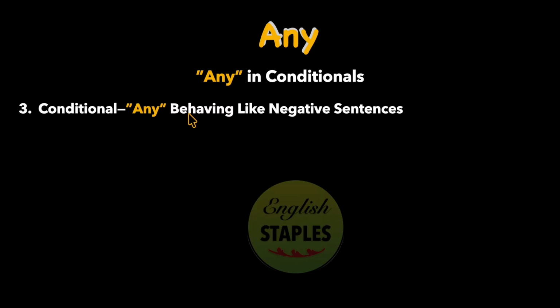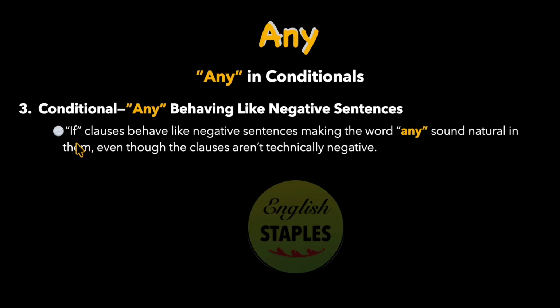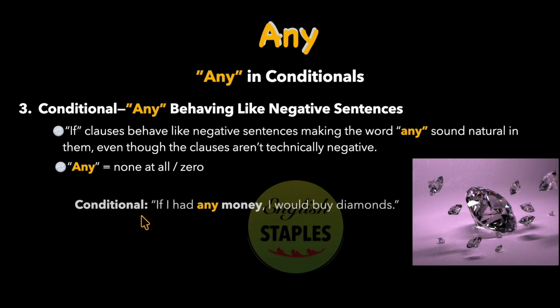Conditional any, behaving like negative sentences. If clauses behave like negative sentences, making the word any sound natural in them, even though the clauses aren't technically negative. Any means none at all or zero. Conditional: if I had any money, I would buy diamonds.